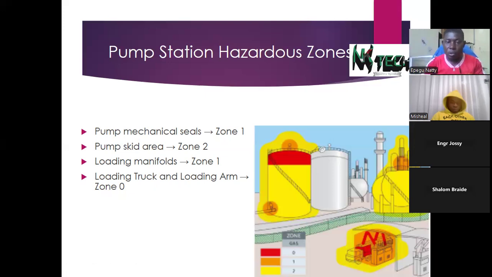Also, if you look at the storage tank at the top, it is inside the storage tank. Then your zone 1 is just within the periphery of your zone 0. Then the rest of the area, about let's say 3 to 8 meters wide, is your zone 2. Okay, so this is very clear for you to understand, right?